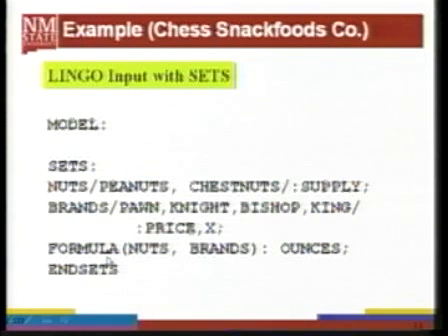It has a single attribute, which is ounces, used to store the ounces of nuts used per pound of each brand. And because we have not specified the members of this derived set, LINGO assumes we want the complete set that includes all the pairs of nuts and brands, right? And of course, the end sets and the definitions of the sets.